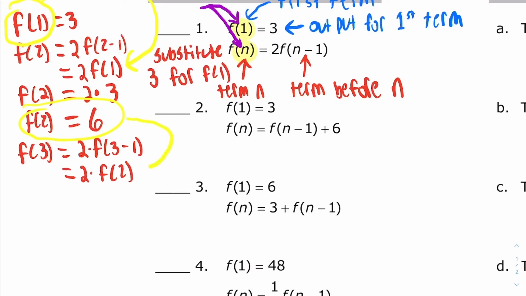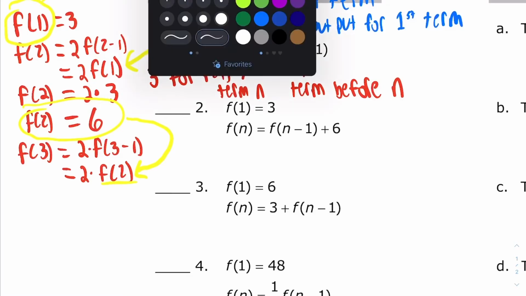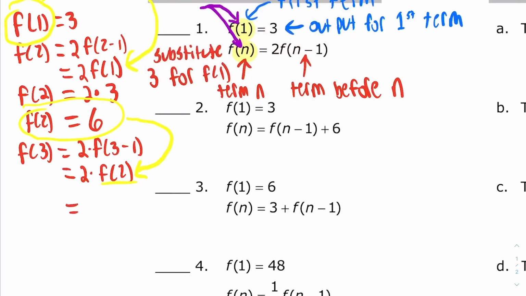So we're going to replace f2 down here with the number 6. So we're going to do 2 times 6 to get f3. 2 times 6 makes 12. So f3 is equal to 12.